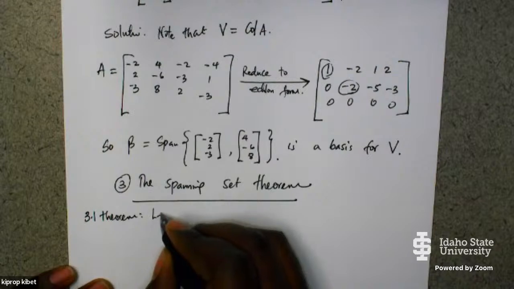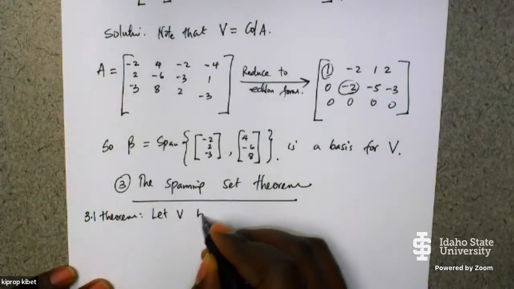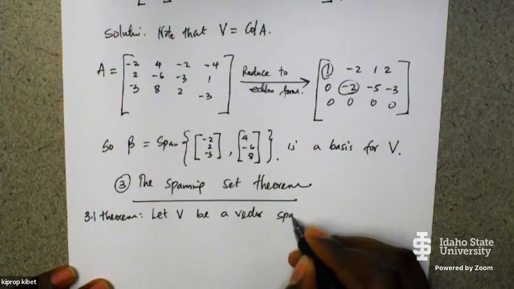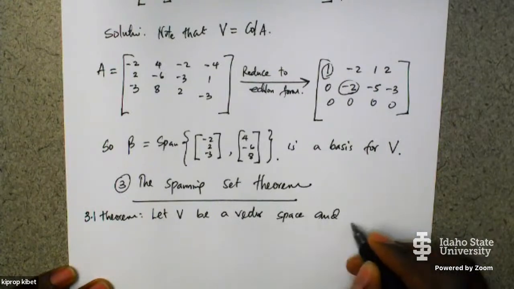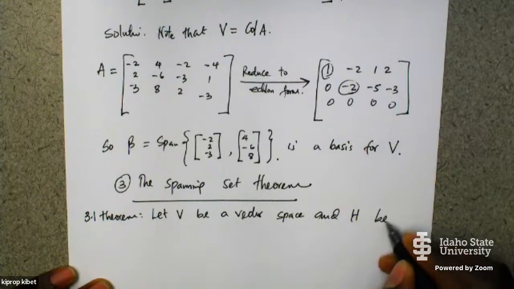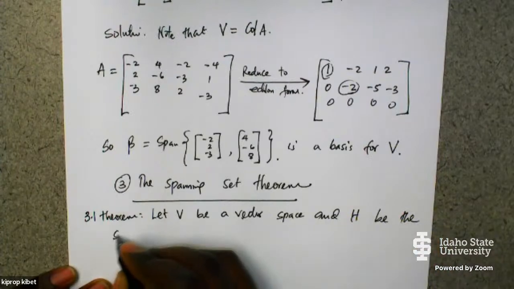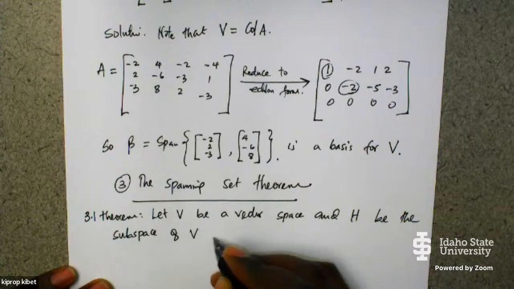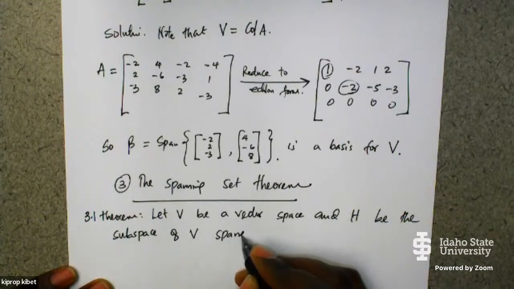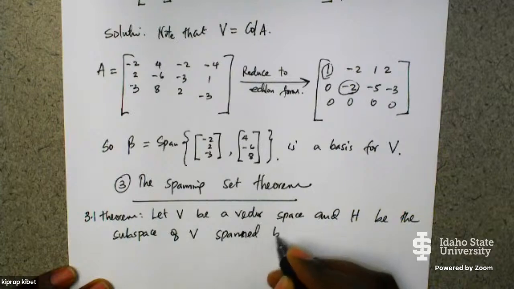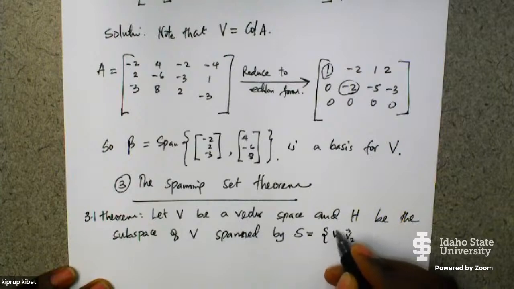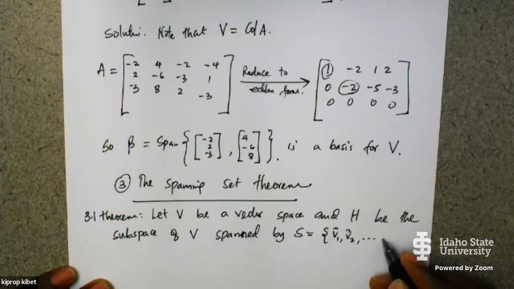If we let V be a vector space and H be the subspace of V spanned by S equals V1, V2, all the way to Vp.